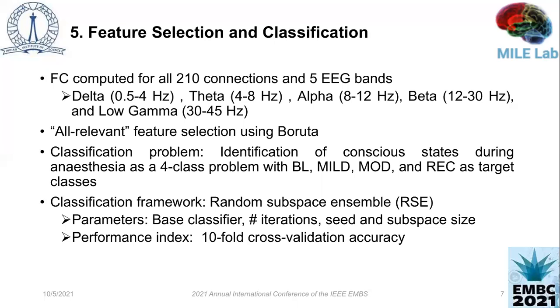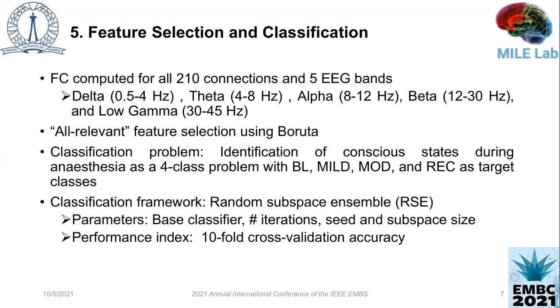In random subspace ensemble, as the name suggests, the training data is modified such that random subspaces of feature space are chosen and classifiers are built for each subspace. The results of these classifiers are further aggregated by utilizing a majority voting or weighted average.